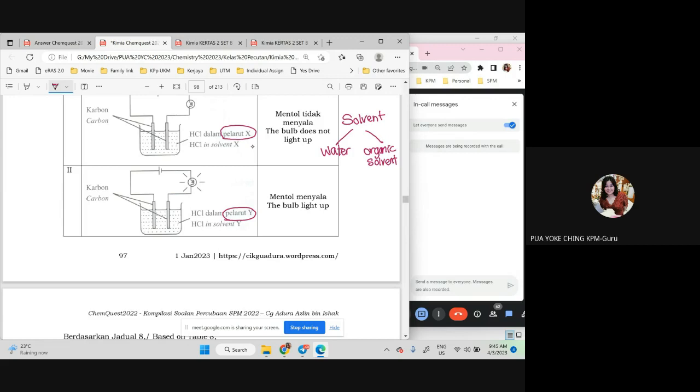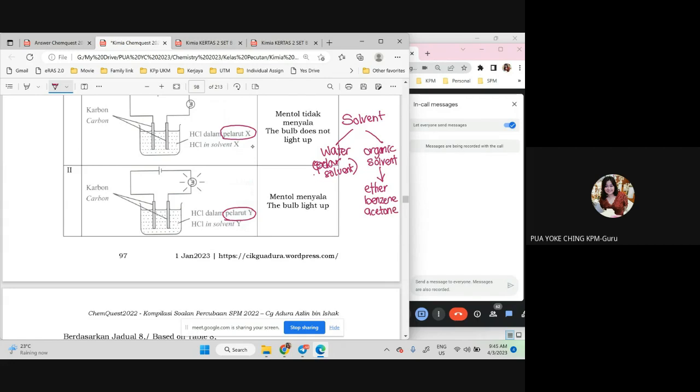Water is actually a universal solvent, which we also call polar solvent. It will help you to dissociate the ions. So organic solvent, example of organic solvent, make sure like ether, benzene, acetone.